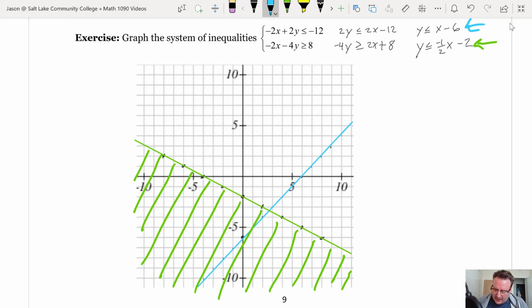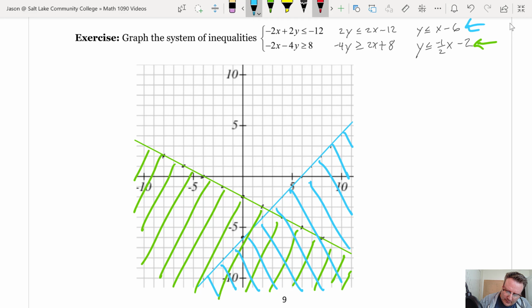We get, is 0 less than or equal to negative 6? No. So I want this region. Okay, and let me see here. Our actual region would be this portion, everything in between the two red lines.